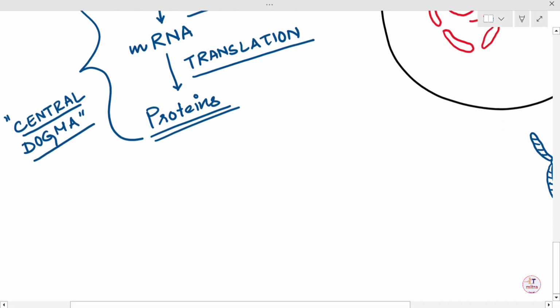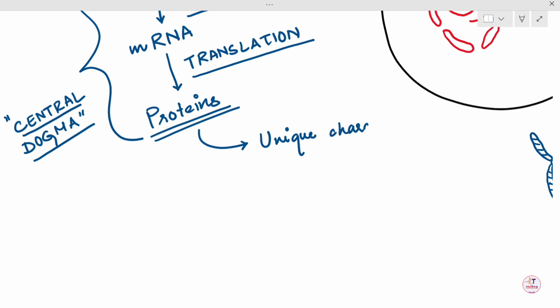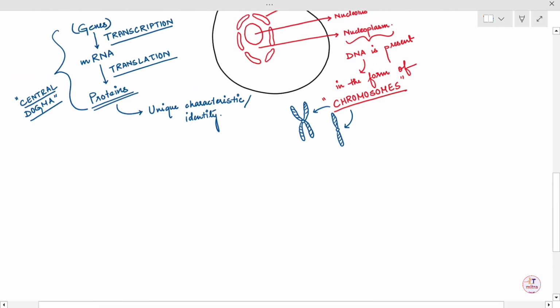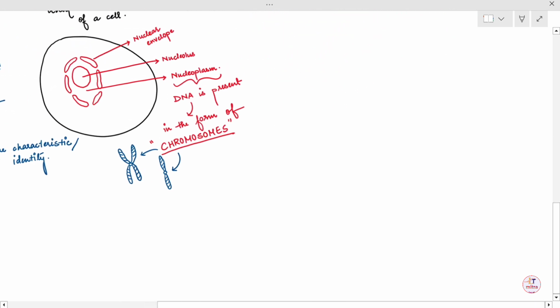And this particular protein is responsible for unique characteristics, meaning unique identity. Now, talking about the nucleolus.